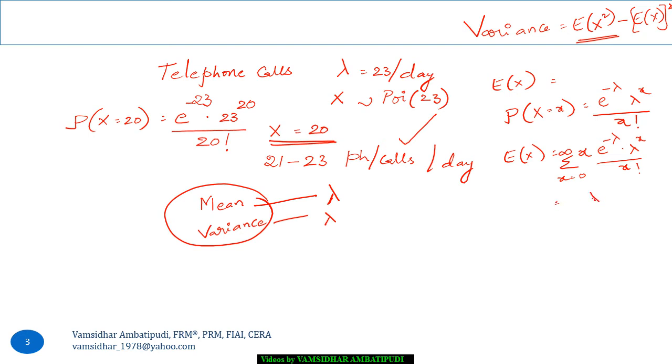This will lead you to lambda. Once you know that the expected value of x is lambda, the variance of x, which is the expected value of x squared minus the expected value of x whole squared, also leads you to the same lambda. You can do it from the numericals, or if you are interested in the proofs, you can refer to any good statistics textbook.